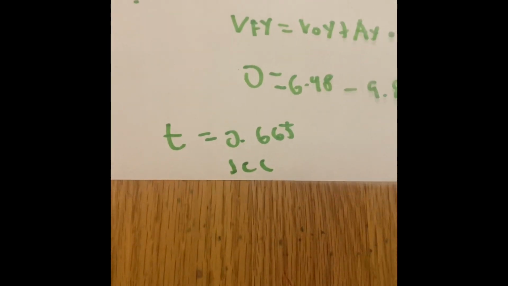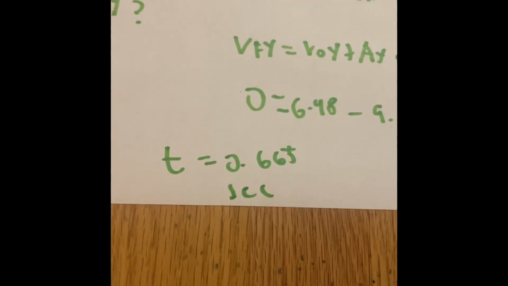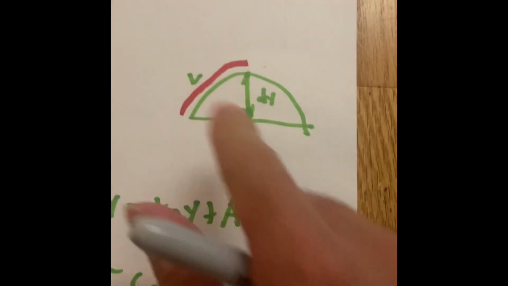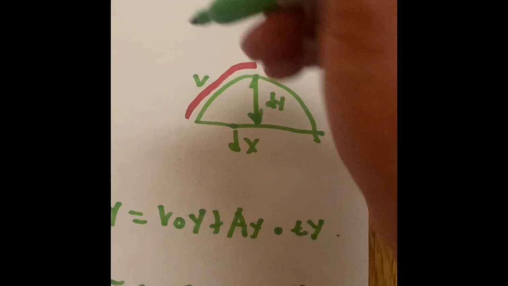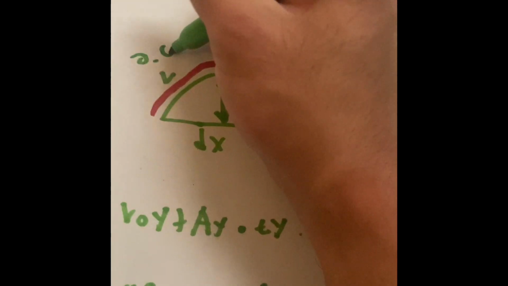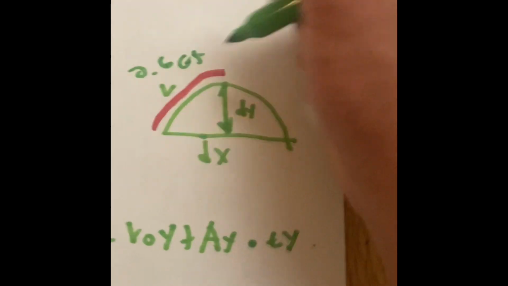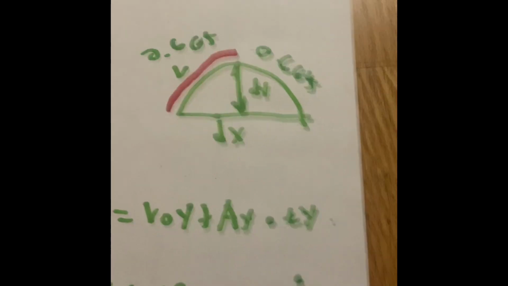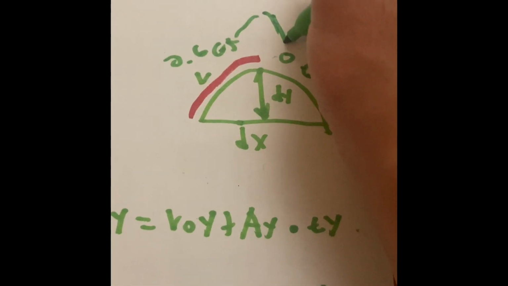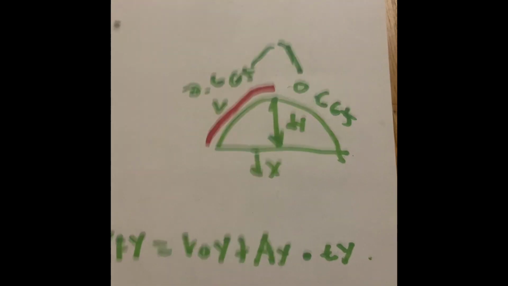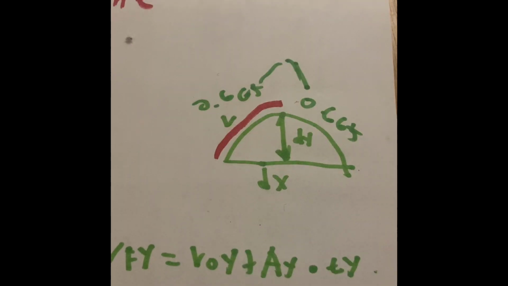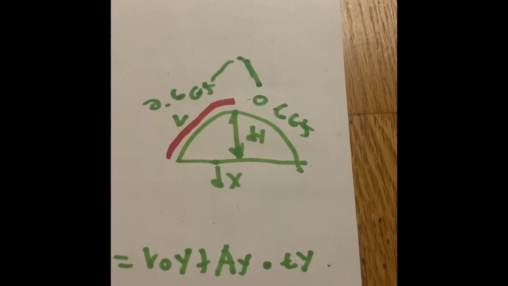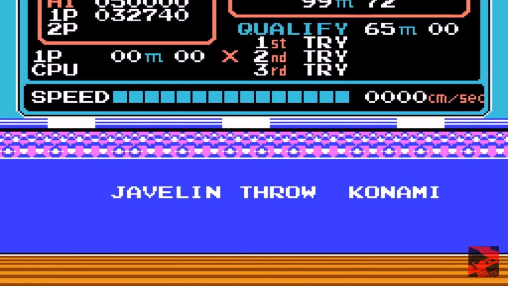But that is only for half of the portion. So if that is that red half of the portion, if the first half was 0.665, then the other one also has to be 0.665. Meaning that when we multiply by 2, the total flight time of the ball is going to be the same thing, but by 2.